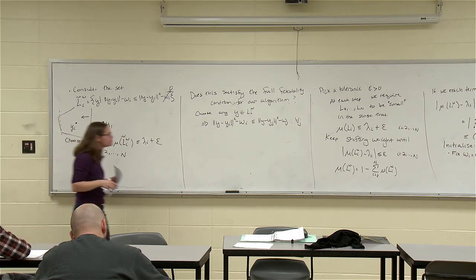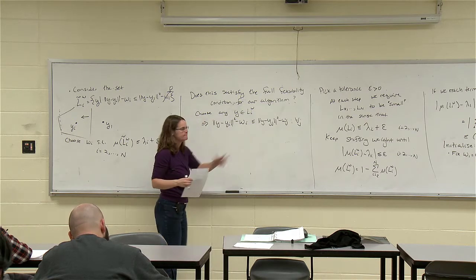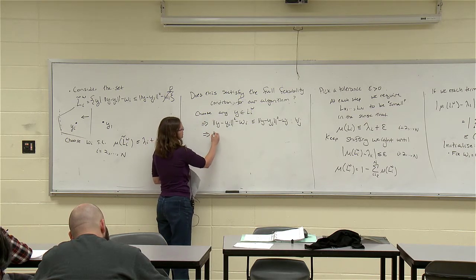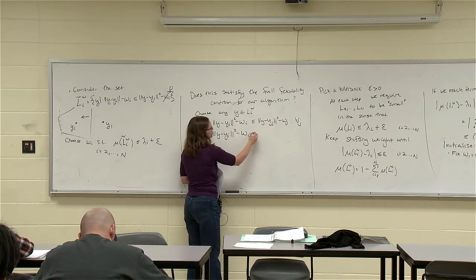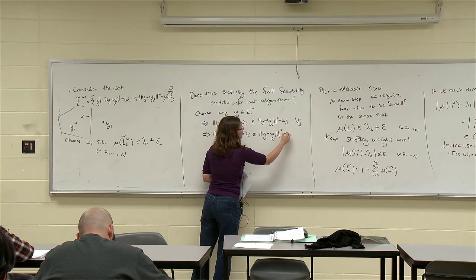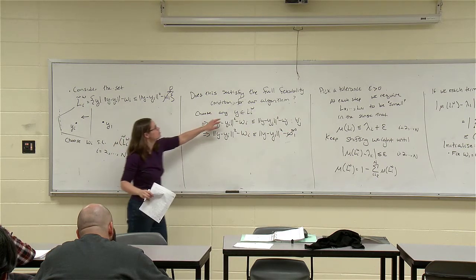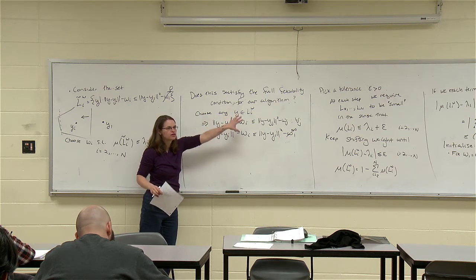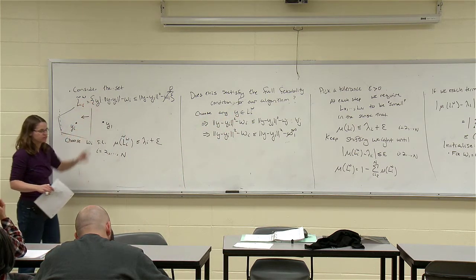Right, and in particular, if this has to hold for all j, it holds for j equals 1. So this means, in particular, this is certainly true if we just compare to y1. So that means this point that lived in our full Laguerre cell also lives in this simplified Laguerre cell.